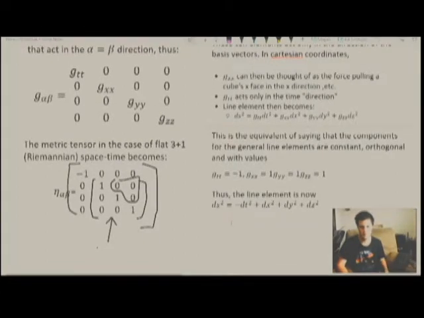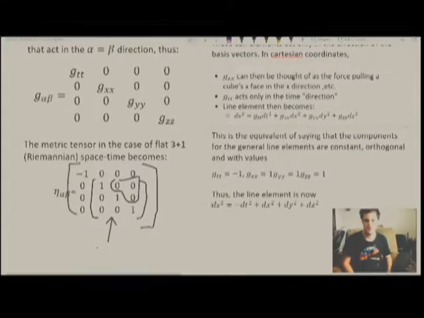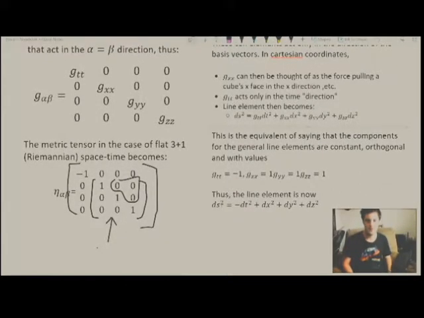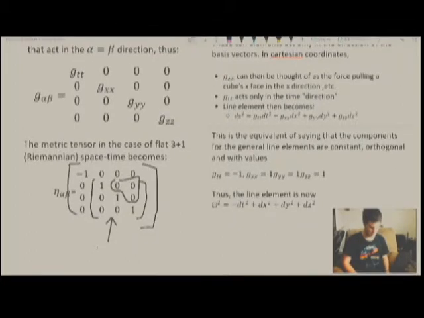Now, what does this mean? Well, you have to think about the distance formula. It's like the distance formula in space, and it gives you how to compute your distance. Think about the Pythagorean formula: a squared equals b squared plus c squared.